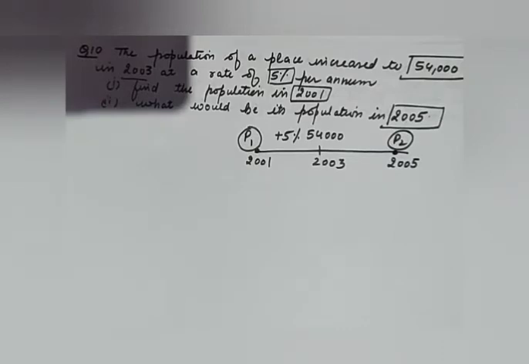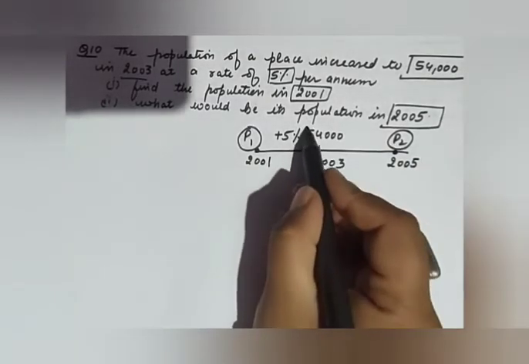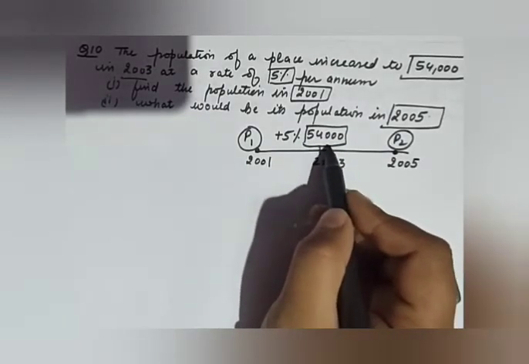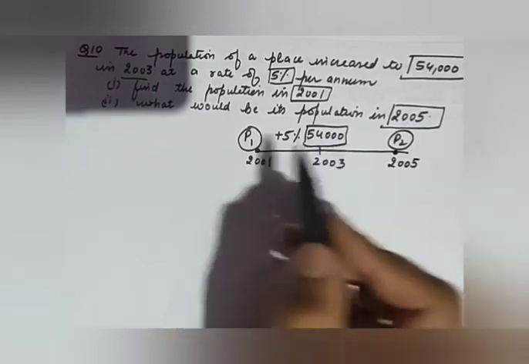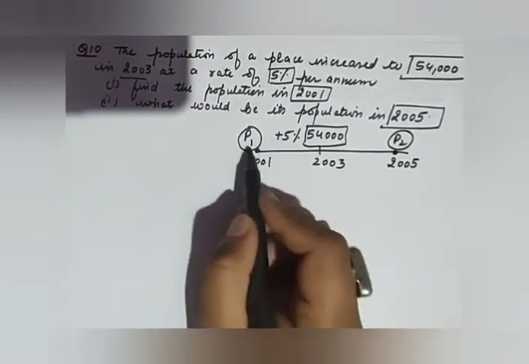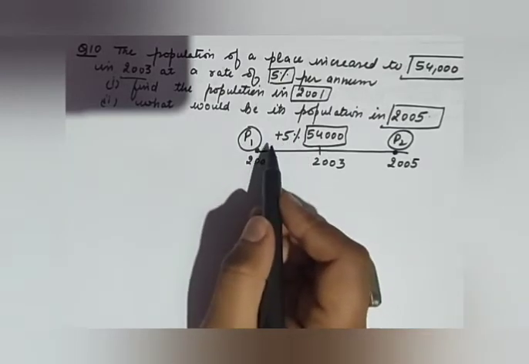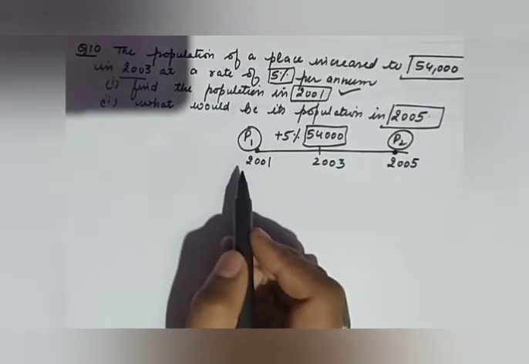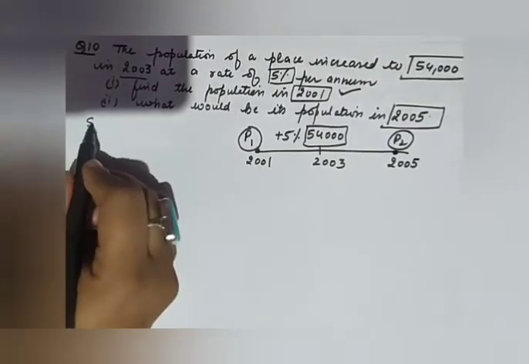Now students, you know that if I will suppose that this is my money, so you can see that here in this case my 54,000 is acting as amount here, and my this 2001 population is acting as principal. So in this case, in the first part, if I have to find out the population in 2001, then I have to find out the principal for here. So I am writing my solution from here.